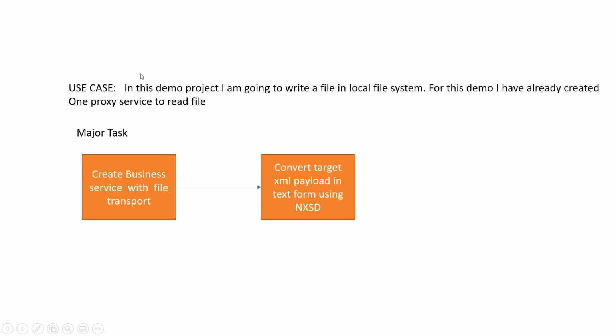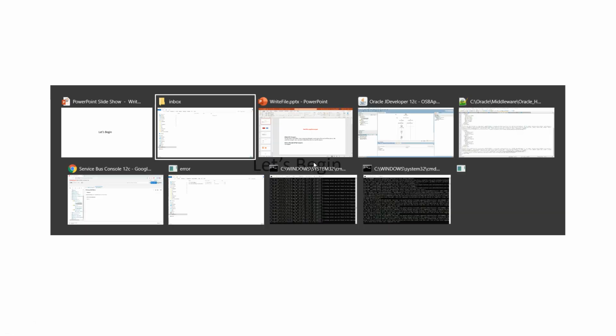First, in this demo project I am going to write a file to the local file system. For this demo I have already created one proxy service to read the file. Now create a business service with file transport. I will do this first, then I will convert the target XML payload into text form. So let's begin in JDeveloper.